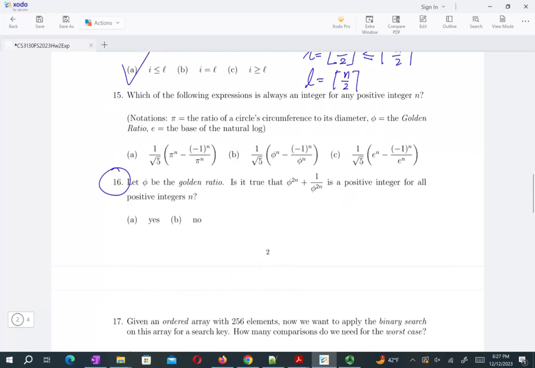Number 16, I gave the hint in class. So it's about we need to use mathematical induction. But many students couldn't get it.